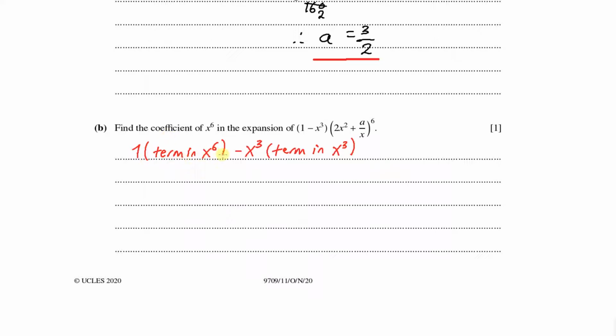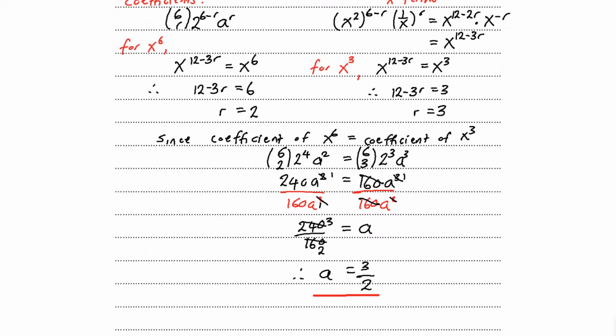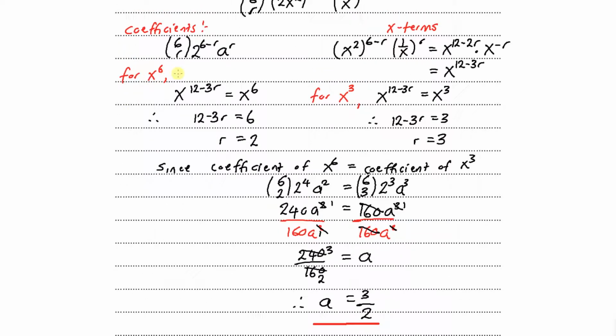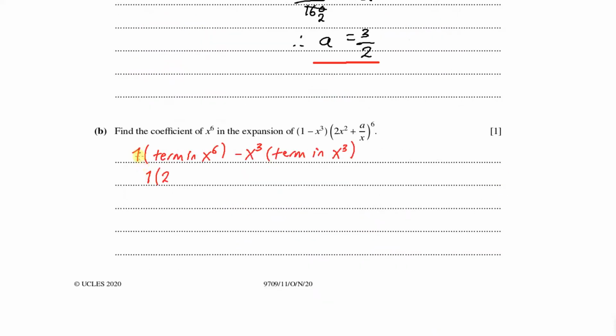Now for the term in x power 6, we are saying it's 1 times the term in x power 6 of this binomial expansion. We had already worked out that for x power 6, r is 2. And when we simplified it, the coefficient came out to be 6 choose 2 times 2 to the power 4 times a squared, which was 240a squared. So that's the coefficient right here. So we have 240a squared, and that will be x to the power of 6.